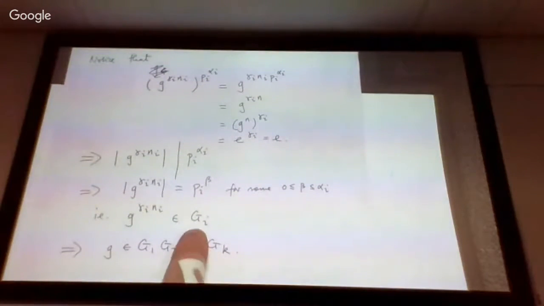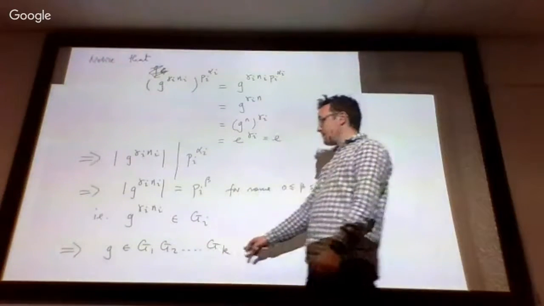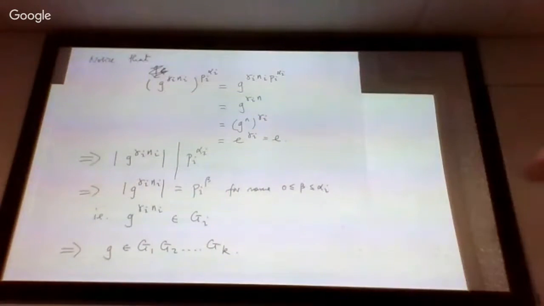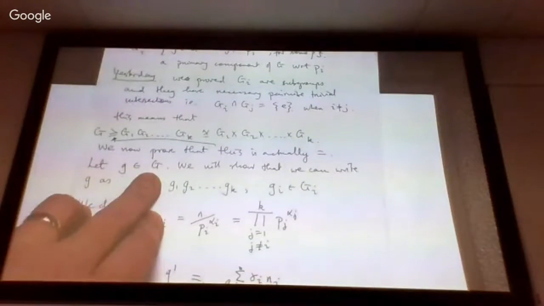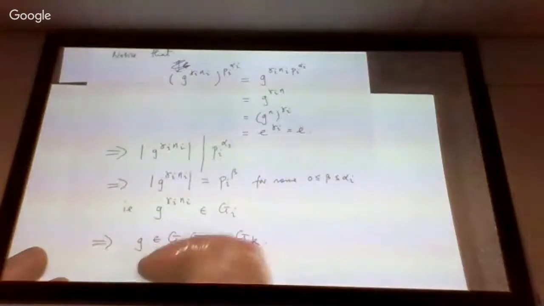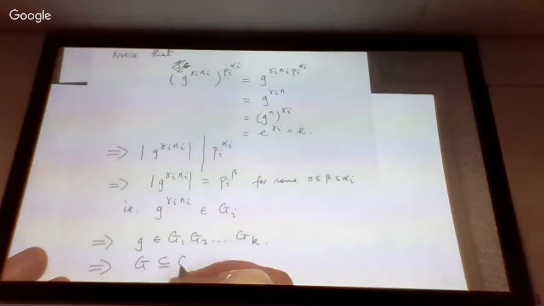Each factor there is an element of G_i. So g is contained in the product G_1 up to G_k. And little g was, at the start when we introduced it, just any old element of G. Nothing special about it. So that implies that G is contained within this product.